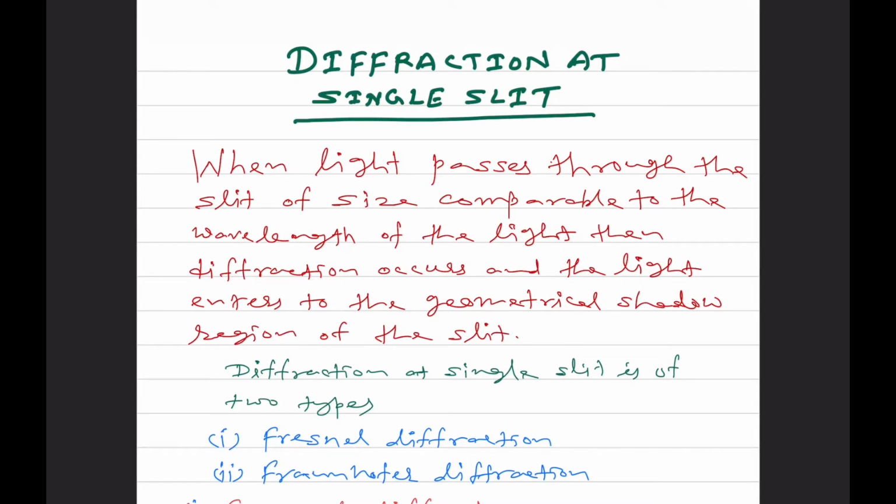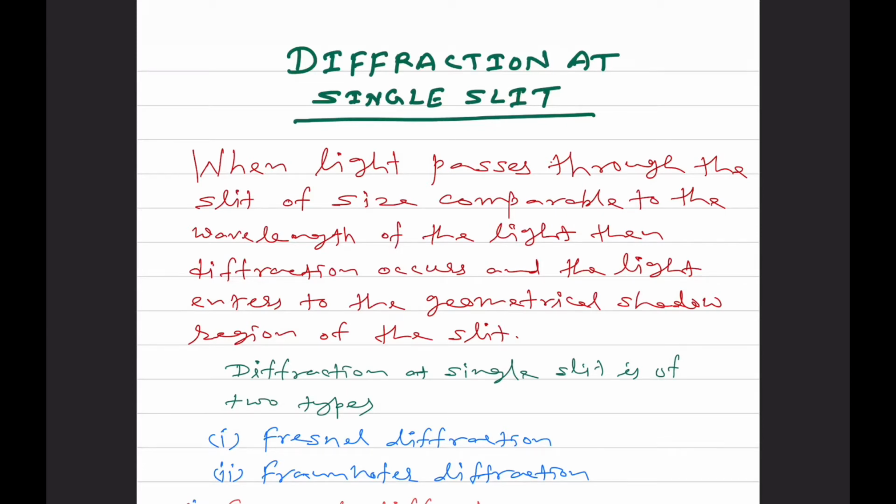The necessary condition for diffraction to occur is that the size of the obstacle is comparable to the wavelength of the wave. In case of light, since the wavelength is very short, of the order of nanometers, it is quite difficult to see the diffraction effect with an obstacle. To understand diffraction of light, we use a single slit, and here also the same condition must be satisfied.